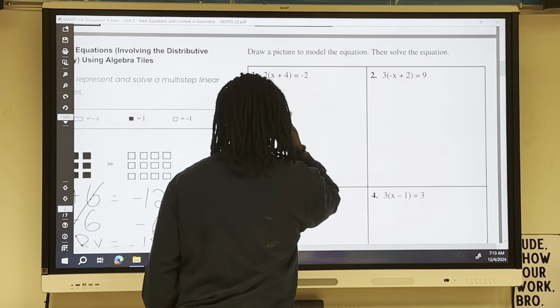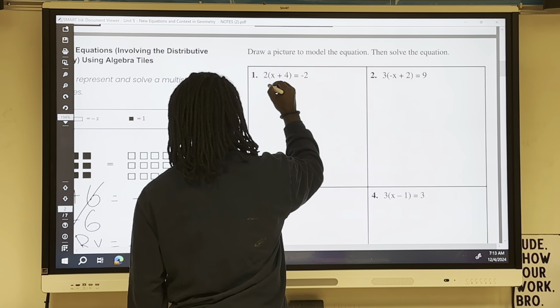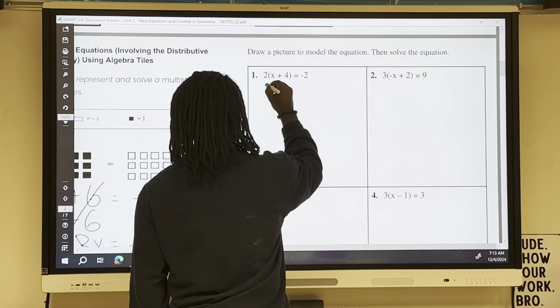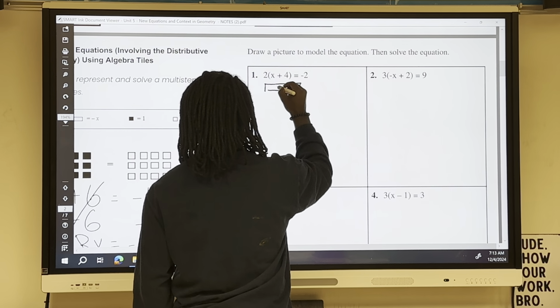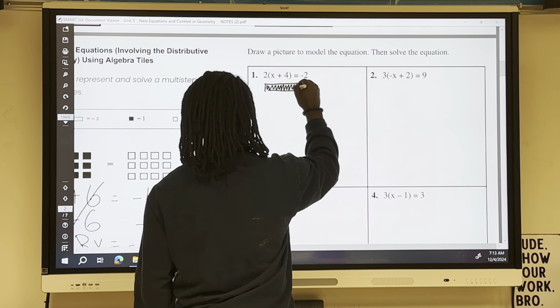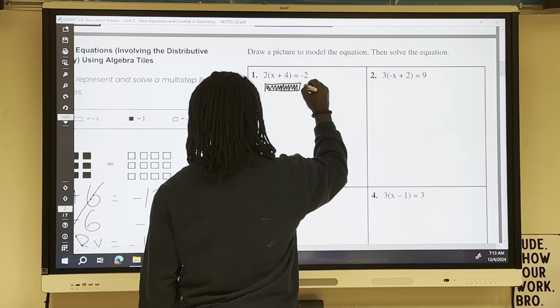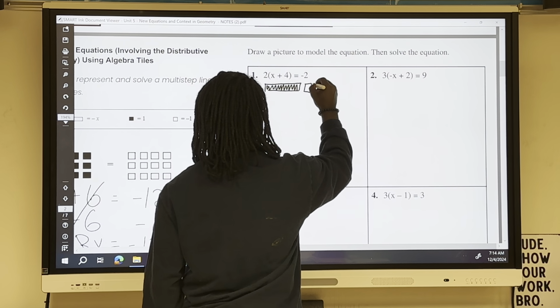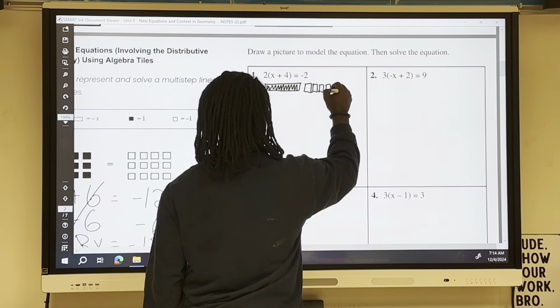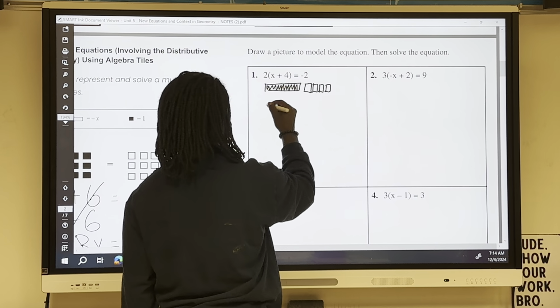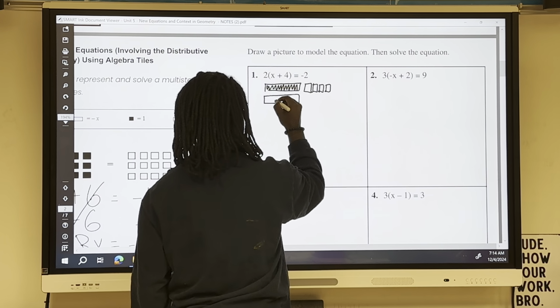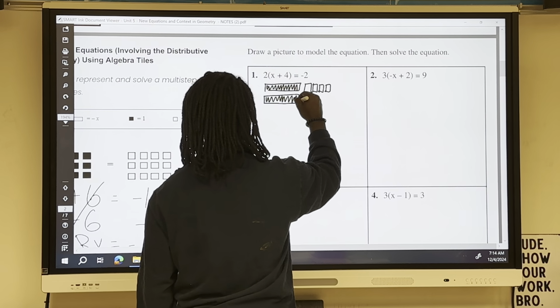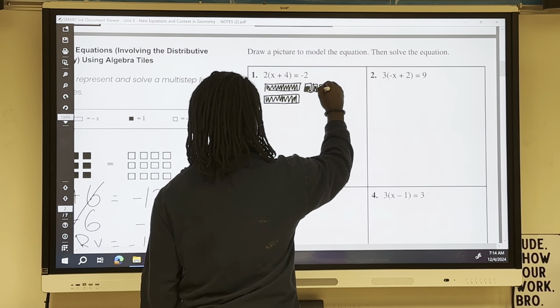So let's start. All right, I have 2 groups of x, okay? And again, the positive is shaded, and I got x plus 4. Then I got another group, so I got 2 groups.